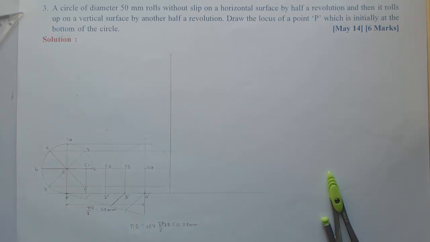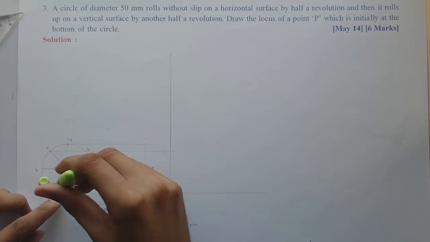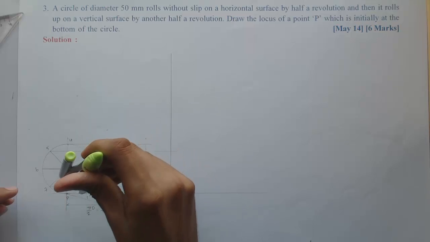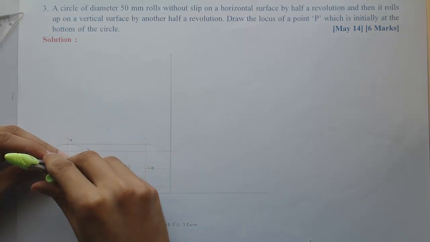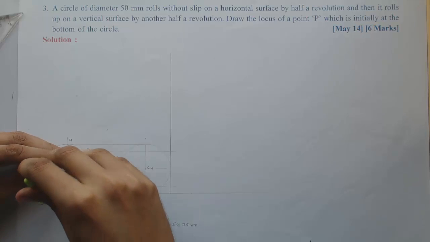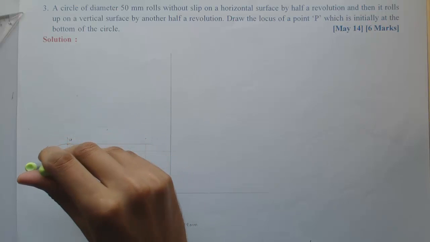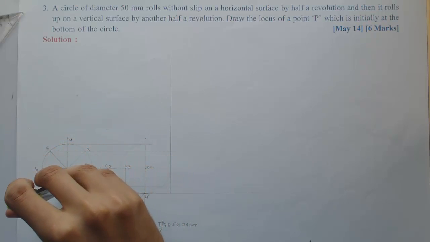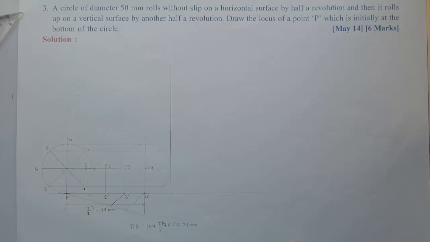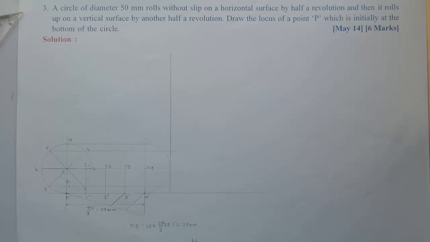Okay. Now for half a revolution we need to mark the first 4 points. So starting with C to P, the distance is the radius in the compass. Now with C1 I need to mark the new position of P, which will be P1, this point P1. You have to immediately name the point.